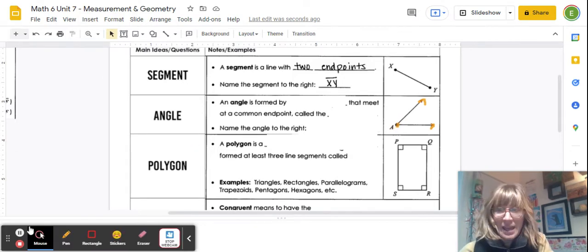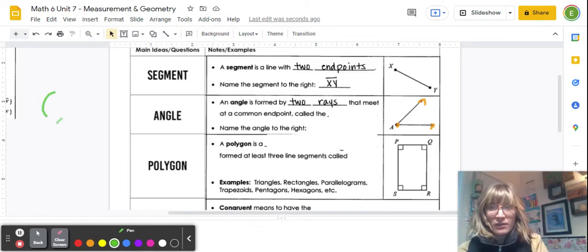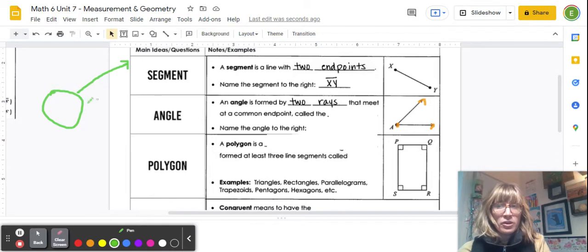So at point A, this angle is formed by these two rays that meet. A ray, just like in a sunshine, right? If we have a sunshine and we have a ray coming off of it, this will go forever. This stops. This is a ray where it has a line going in one direction forever. And so an angle is formed when two rays meet. Here we have this ray and here we have this ray, and they meet.